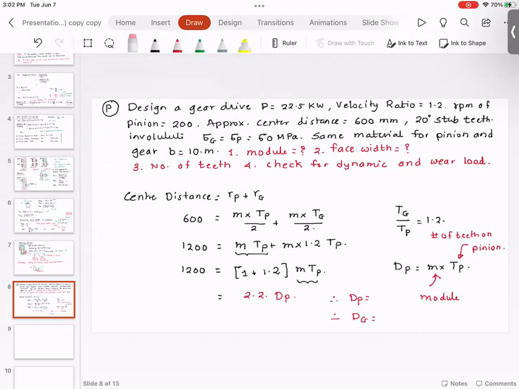What is the value of dp? 5. And dg? What is the value of 2.2 times 545?